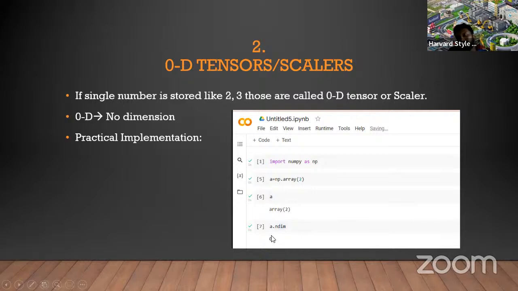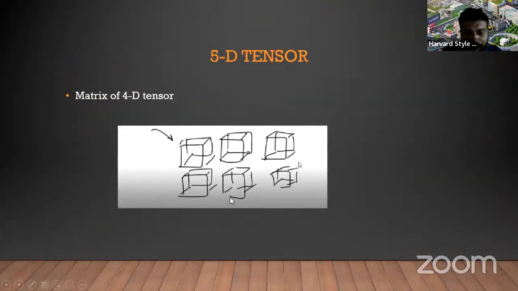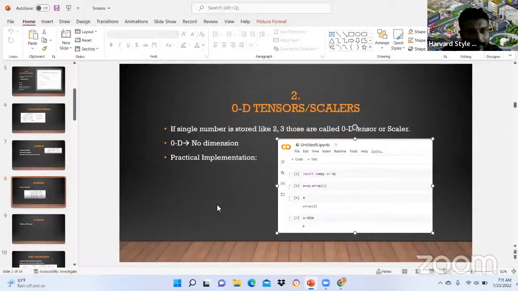Scalar dimension will come as 0. First of all, you want to import libraries, because now we are dealing with arrays. Handling arrays is done by the NumPy library. That's why we are importing NumPy as np. So guys, if you are struggling with this, skip this one and come.